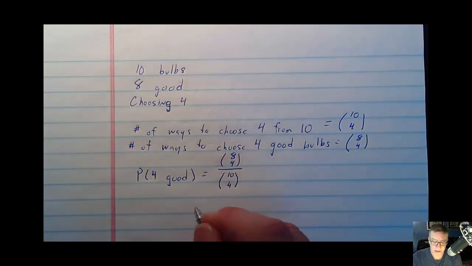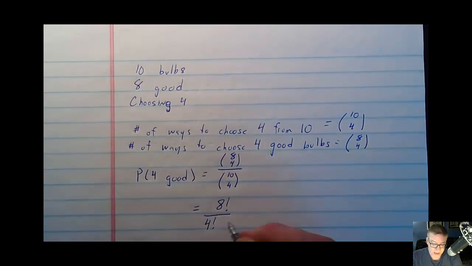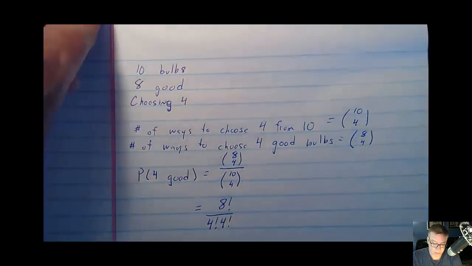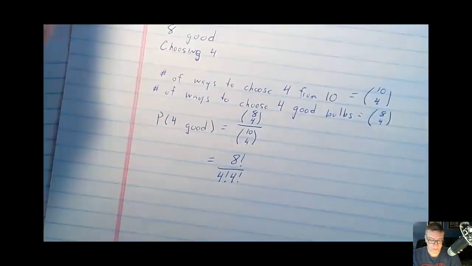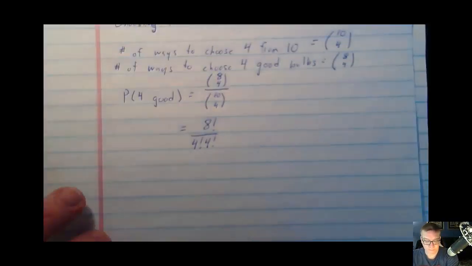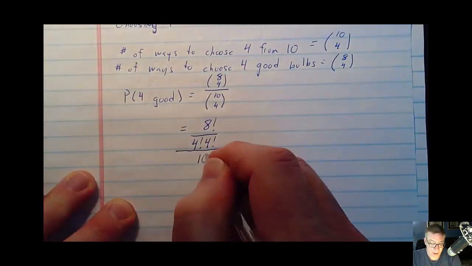This is entirely doable. Because remember here that 8 choose 4 is 8 factorial over 4 factorial times 8 minus 4 factorial. Okay.